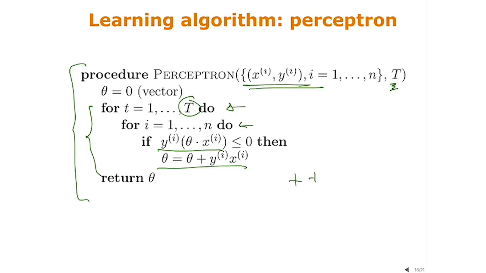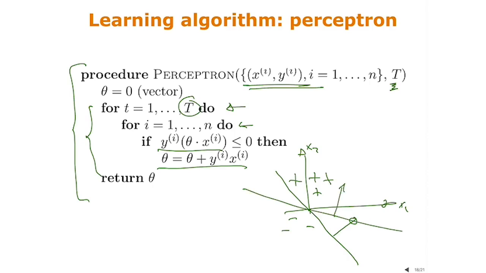For example, here are the training examples, here are the coordinates x1 and x2, here's the origin. The perceptron algorithm might find, say, this as the solution, but there would certainly be multiple different linear classifiers through origin that also work.